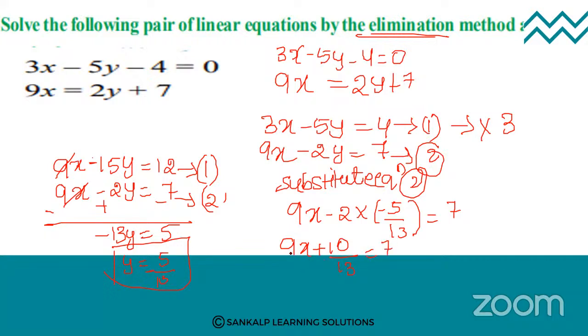So 13 into 9, 117x plus 10 divided by 13 is equal to 7. So transfer this 13 to this side. What you will get? 13 into 7. So 13 into 7 is 91. Right? So 117x.